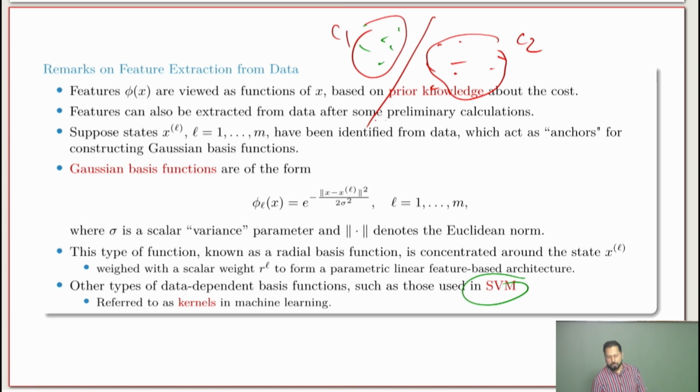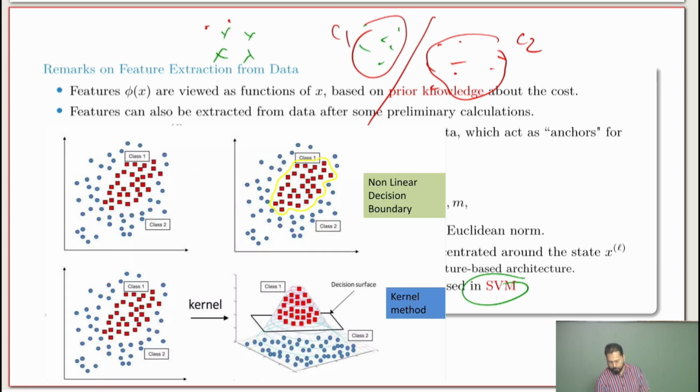And this is nice because the theory is nice here in this case, right? But when you go to cases like this, now this is not linearly separable.